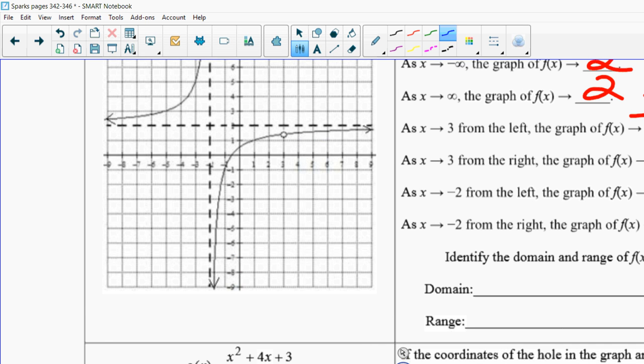Okay, let's try that again. What's the domain? What got left out? The hole and the, which one? The vertical asymptote got left out. What's the range?